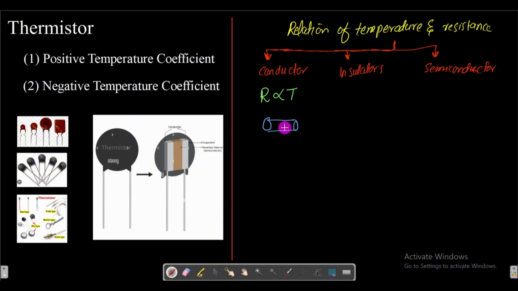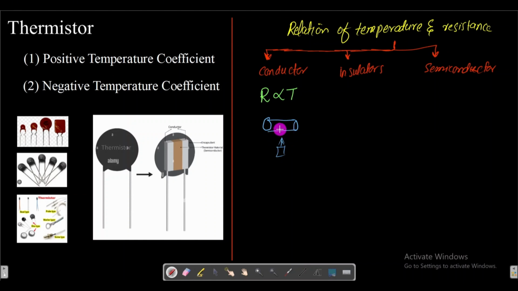If we increase the temperature of this rod by providing external energy, then the oscillation of the copper atoms will be more due to their vibration, due to the increasing kinetic energy of the copper atoms.